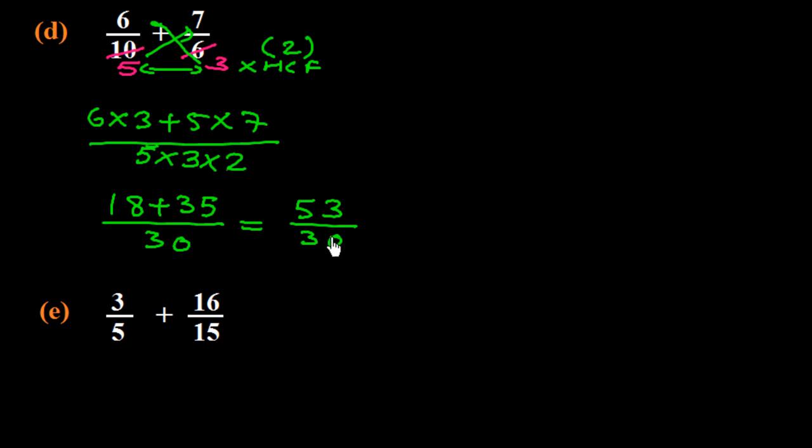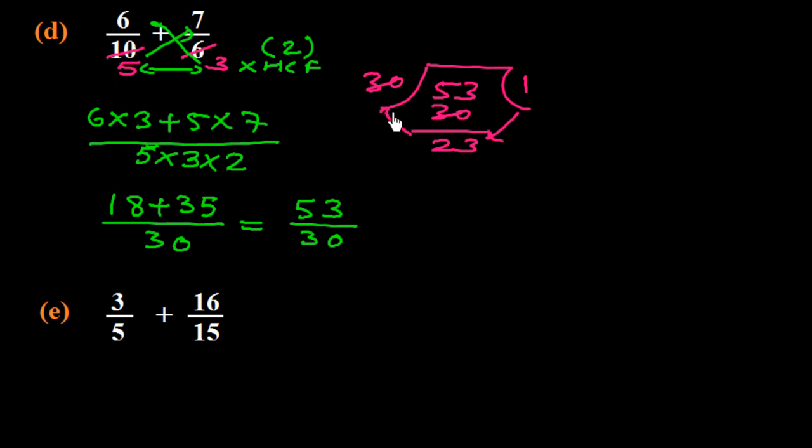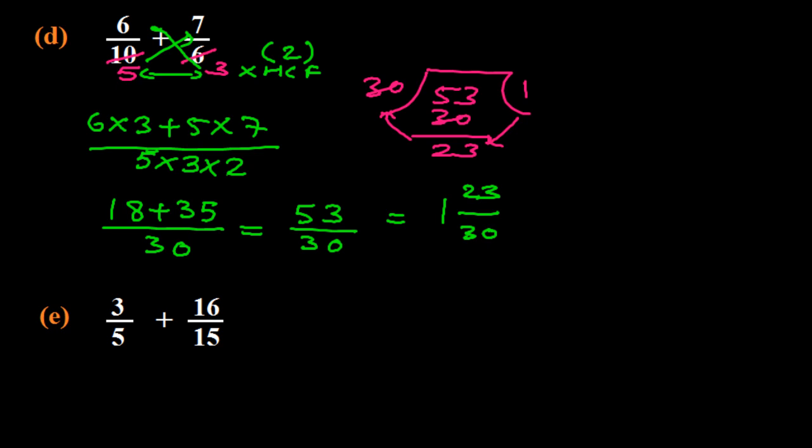There is no common factor between 53 and 30, so we will divide it. 53 divided by 30, 30 1 time 30, here we get 23. So we get 1 and 23 over 30. So this would be the final answer of this addition of fractions.